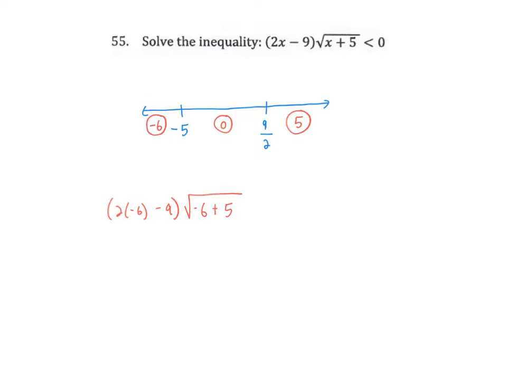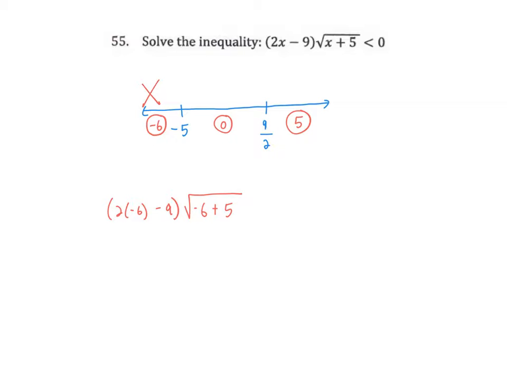Any number you plug in for x that's less than -5 will make this negative, which will make this square root undefined. So we'll put an x in that region because those x values just give us undefined values.